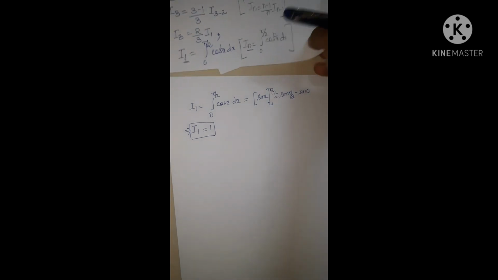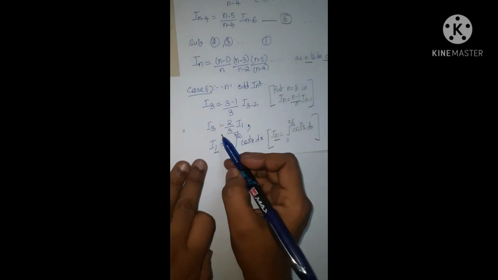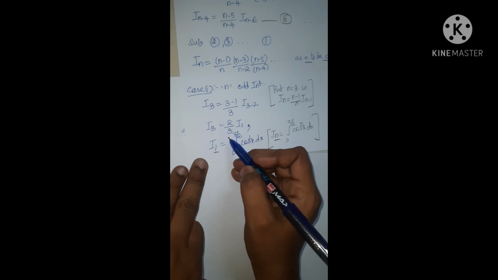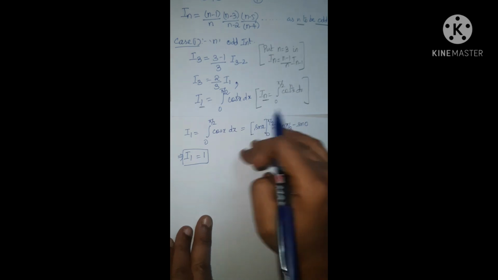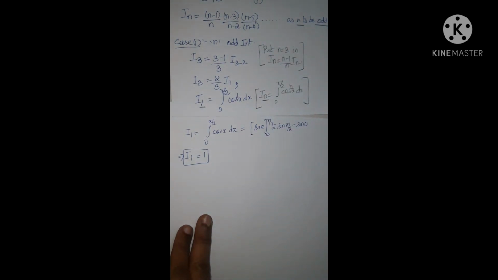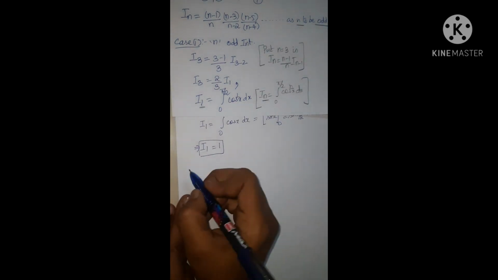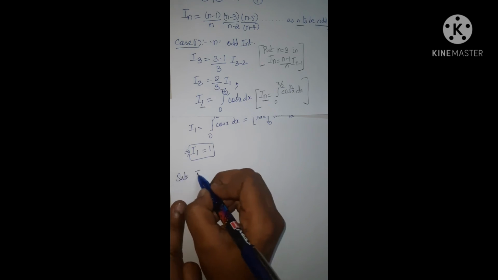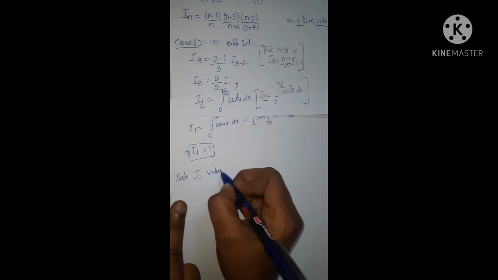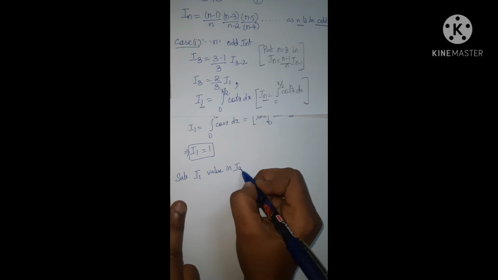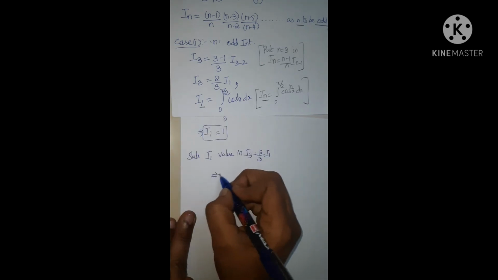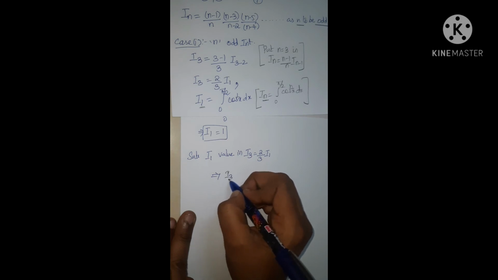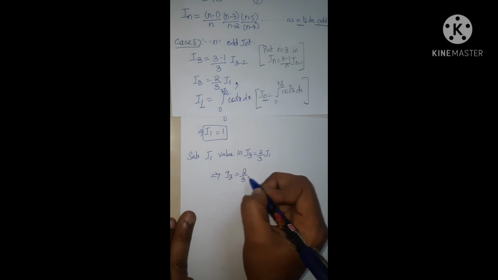So where did we go in the previous part? We got I 3 is equal to 2 by 3 I 1. Because we have found the I 1 value separately, now substituting the I 1 value in I 3 is equal to 2 by 3 I 1 will give us I 3 as 2 by 3 into 1.